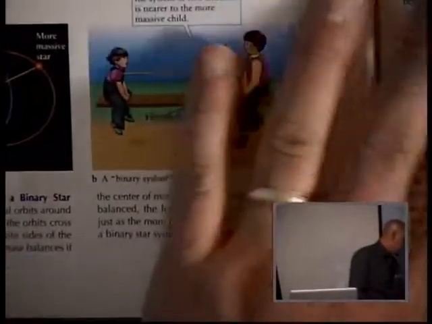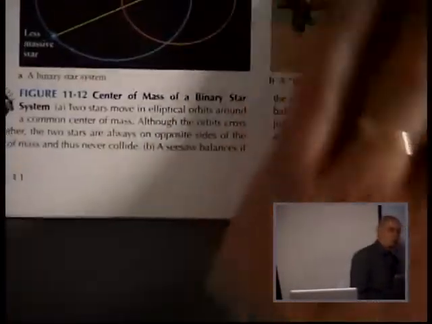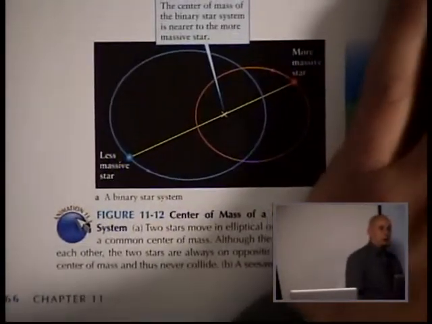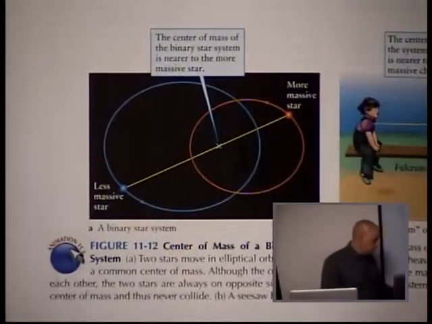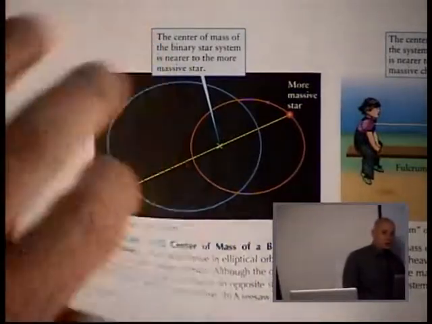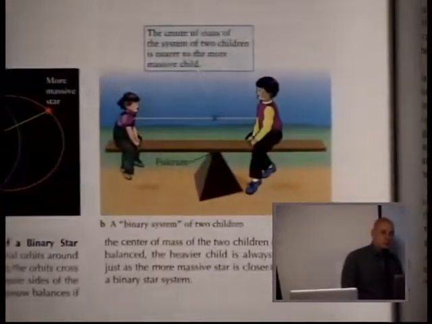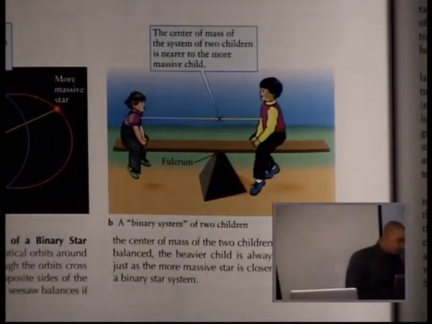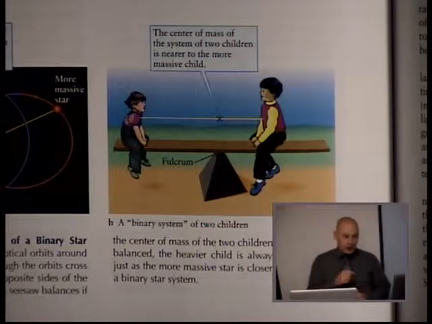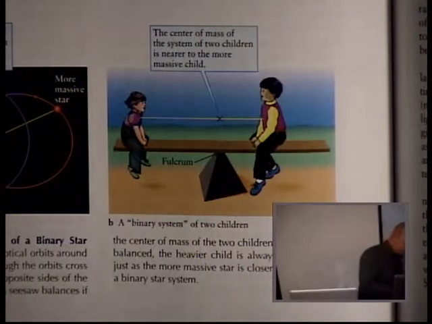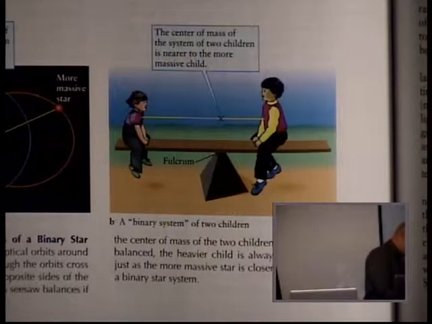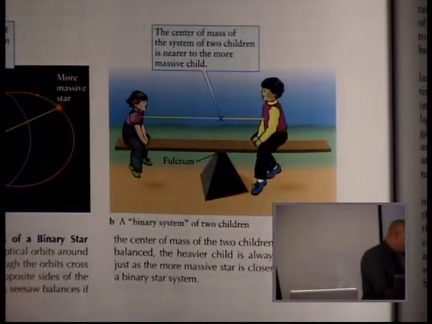And what we can do is simply watch them going around, and by watching them move around, we can calculate the center of mass, much like you can calculate the center of mass of two children on a teeter-totter. And in doing so, we can calculate the mass of each object relative to each other, and ultimately end up figuring out how massive each one is. So binary systems end up being very significant.